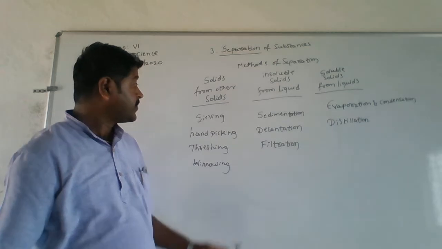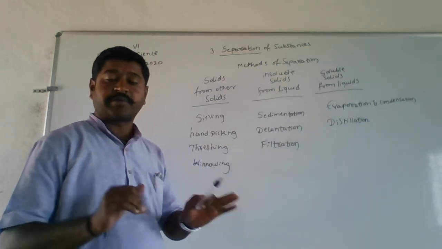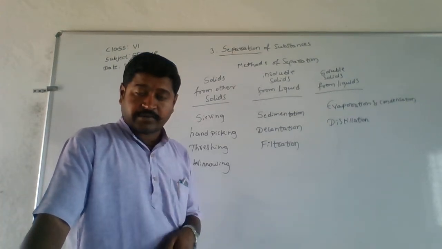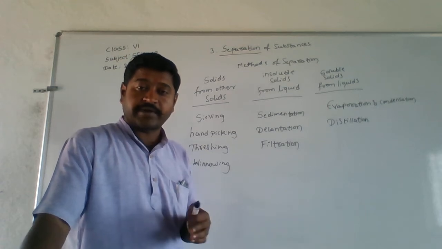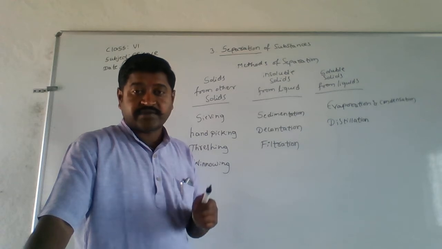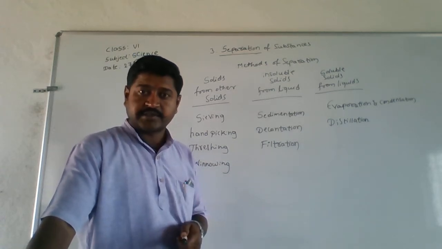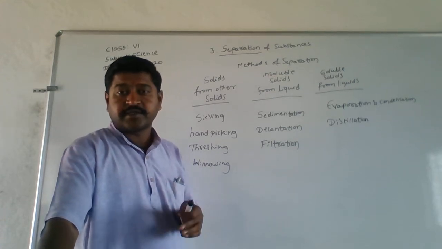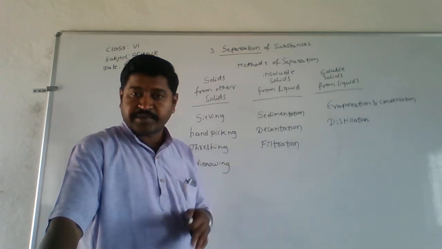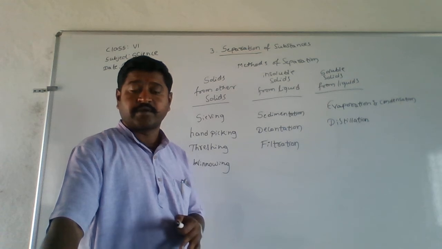So here these many methods are used to separate the substances. But which method we have to adopt in separating depends on the components of that mixture, the size of the particles, and its solubility.